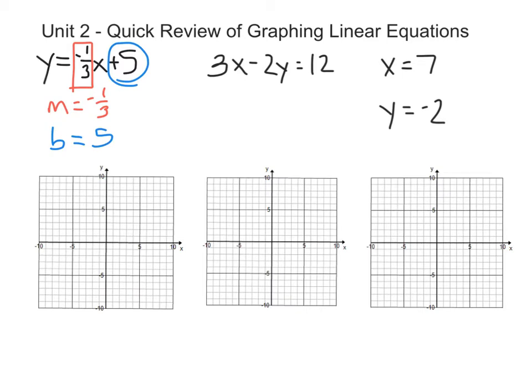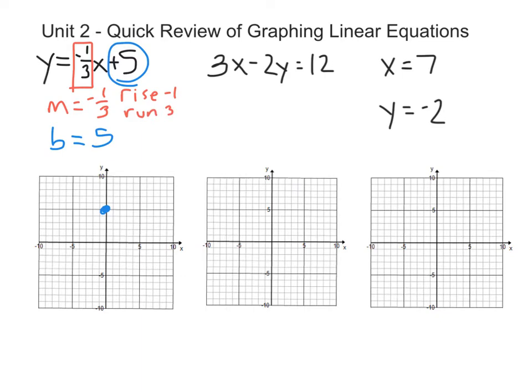So we're going to put a point where y equals 5, and that again is on the y-axis, so right there. From there, we're going to move using our slope, negative 1/3. Remember, that means we're going to rise negative 1, which is down 1, and we're going to run 3, which is positive, so that'll be right.